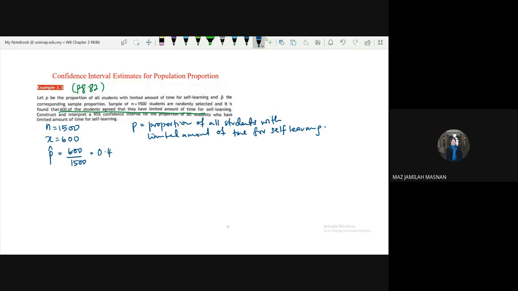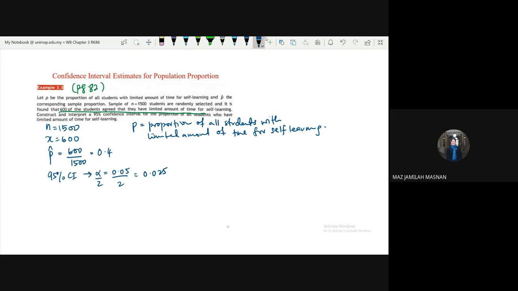And you need to find the 95% CI. So 95% CI means that your alpha is equal to 0.05, divided by 2. You will get 0.025. Now class, it seems simple because I'm doing it for you and you have your book.